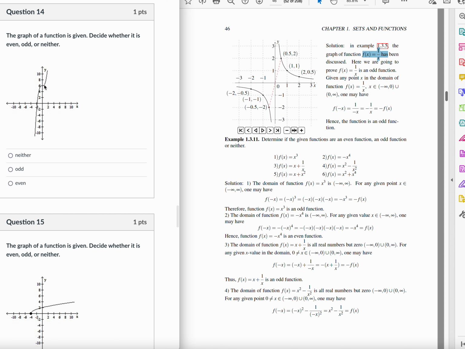Is this odd? It is not odd, because the graph is not symmetric with respect to the origin. You cannot find a point like this, connect 2 points, and have it go through the origin. So this is not symmetric with respect to the origin. So then you want to choose neither.